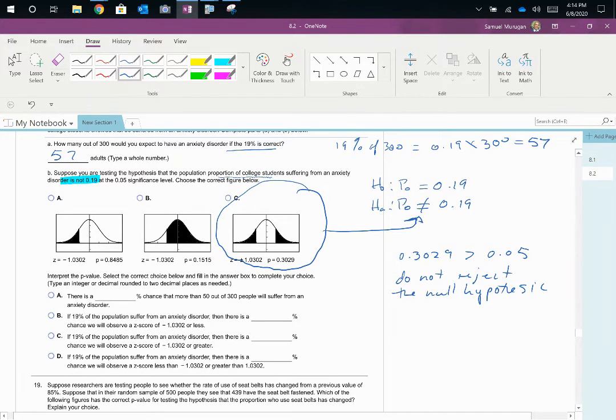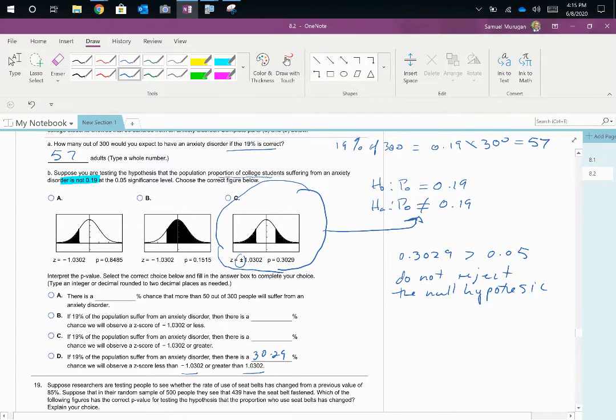In other words, if 19% of the population were to suffer from an anxiety disorder, there is a 30.29% chance that we will observe a z-score of less than negative 1.302 or greater than 1.302, plus or minus.